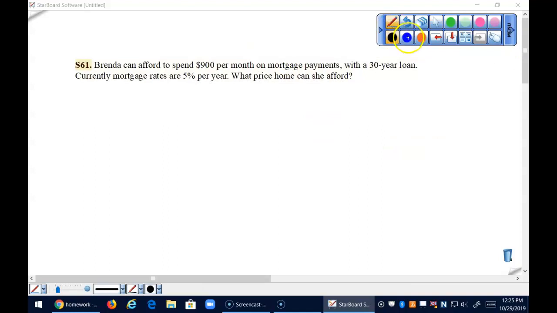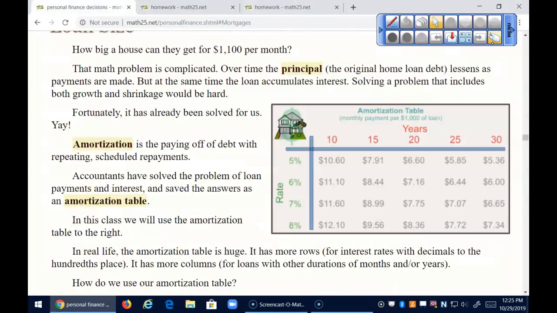So we have the 30 years and 5%. So we go to the table. 30 years, 5%. We get $5.36 as the number.